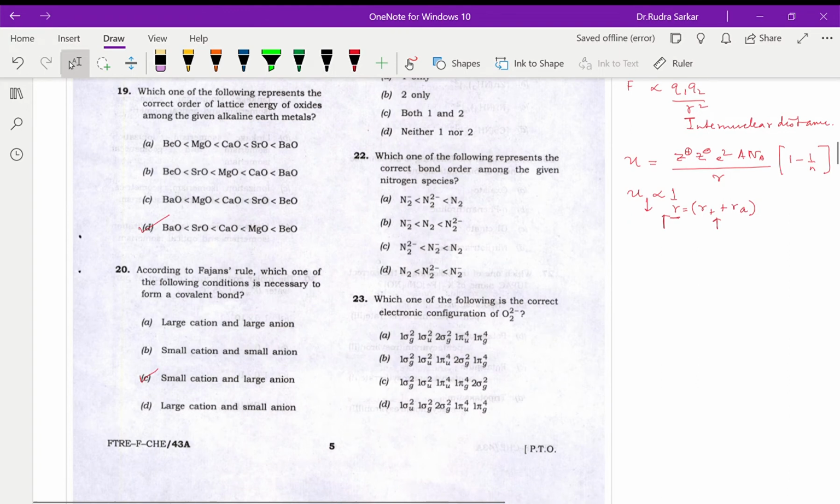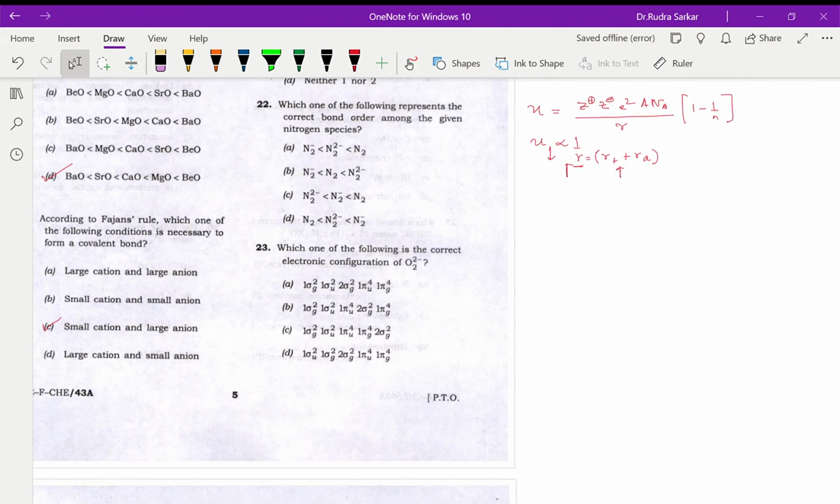Next, question 22. Which one of the following represents the correct bond order among the given nitrogen species? For that we have to draw the molecular orbital diagram. This is 1s for both the nitrogen atoms. So this is a nitrogen atom, that is a nitrogen atom. This is the MO of N2. These are the atomic orbitals.